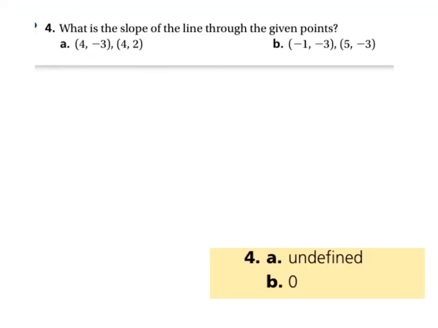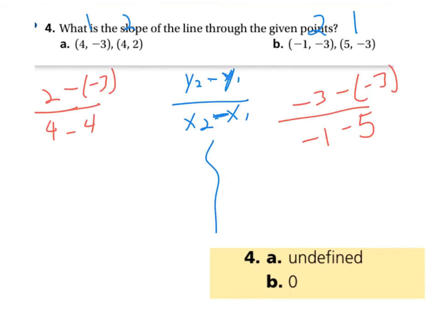So here we have the slope of 2 lines. So we have 4, -3, and 4, 2. And so let's start with that one. Again, our formula, y2 minus y1 over x2 minus x1. And I went ahead and reversed up here my 1s and my 2s just to prove the point that it doesn't matter which order you select them in. You just have to select them so you know which one's x1, which one's y1, that sort of thing.